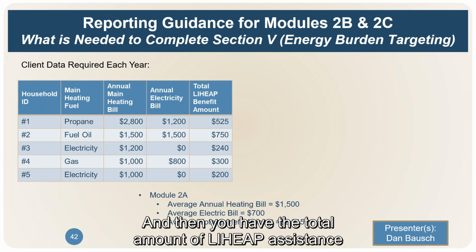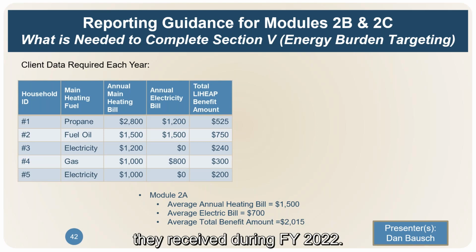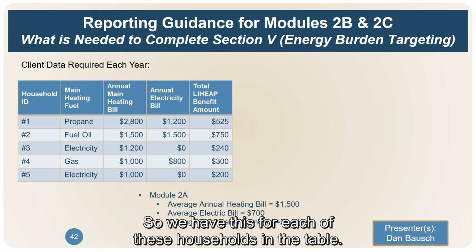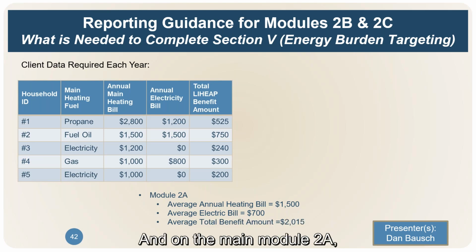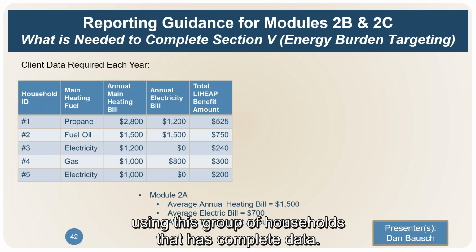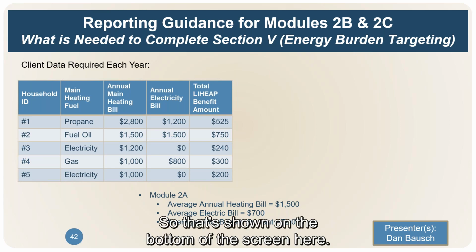And then you have the total amount of LIHEAP assistance they received during FY 2022. So we have this for each of these households in the table. And on the main module 2A, you would calculate the statistics using this group of households that has complete data. So that's shown on the bottom of the screen here.